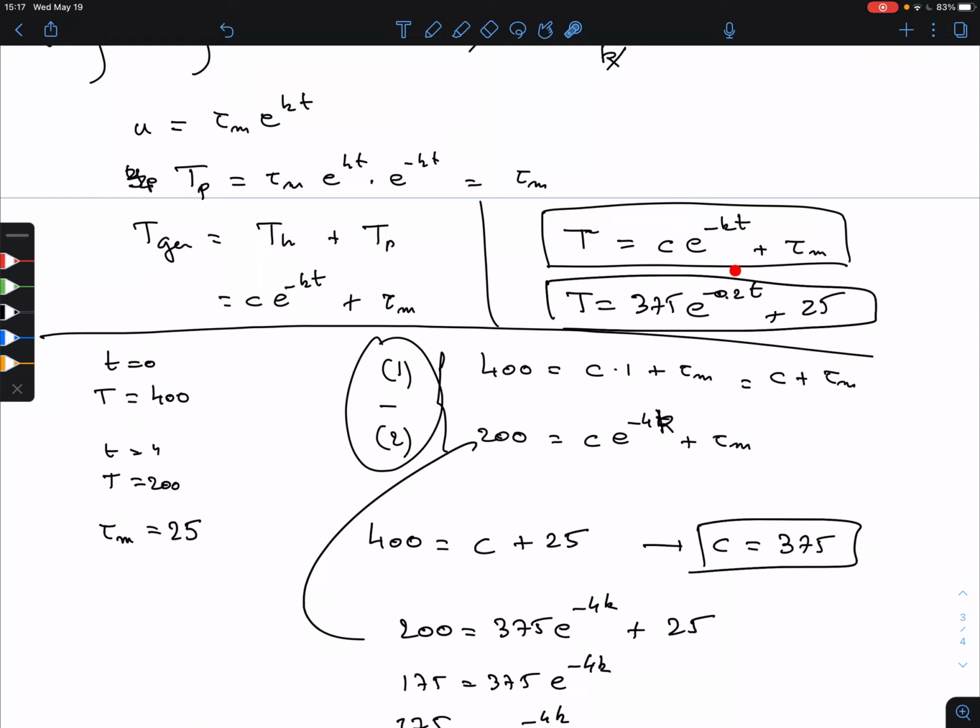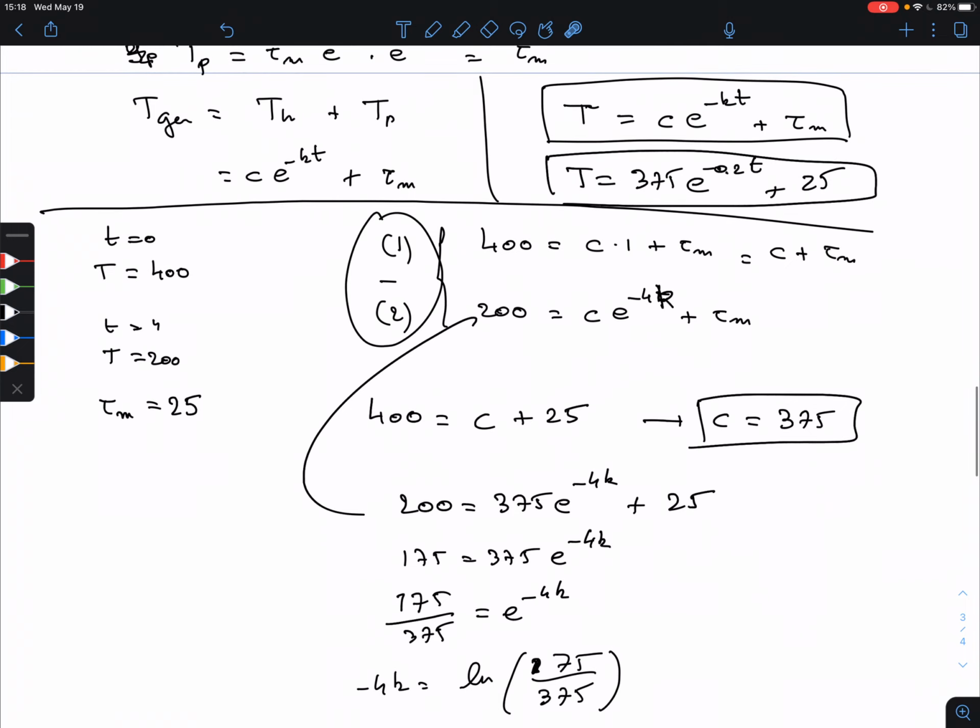Now, obviously that's not really what we observe. Practically, how long will it take before we get around to 25? Let's say 26 degrees. It's not so hard to solve. So I'm doing an extra question: when is it 26 degrees? 26 is equal to 375 e to the minus 0.2t plus 25.